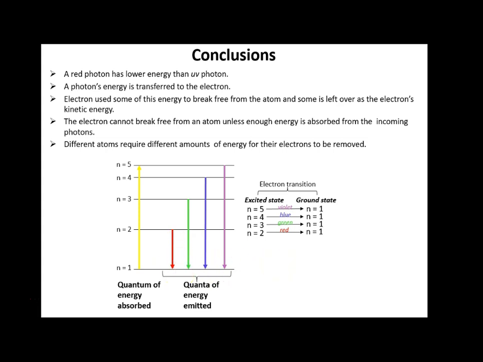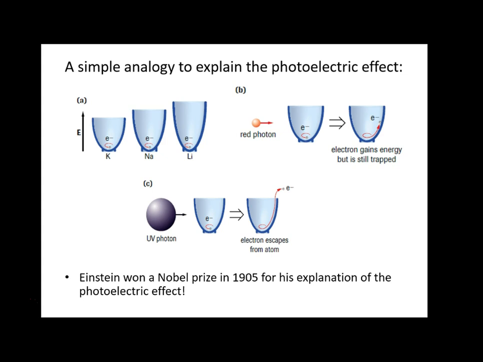How do we use an analogy to explain this photoelectric effect? Imagine that the electron is occupying those energy levels, or orbitals to be more precise, and those orbitals are caps. So they contain a specific amount of kinetic energy. They're moving around. These are for different types of metals: potassium, sodium, lithium.